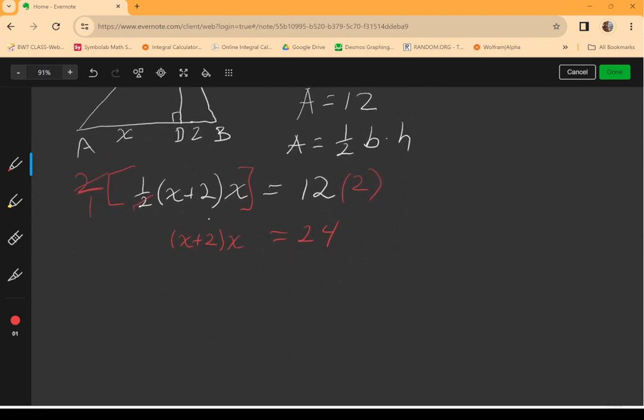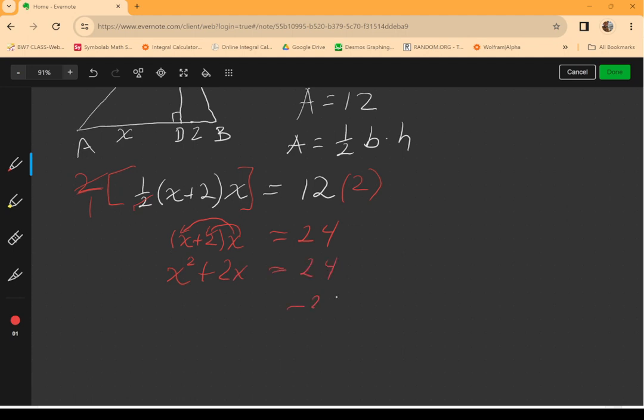Now let's distribute this x. It looks like I have a quadratic, so I'm going to set it equal to 0. The first step is distributing: x squared plus 2x equals 24.